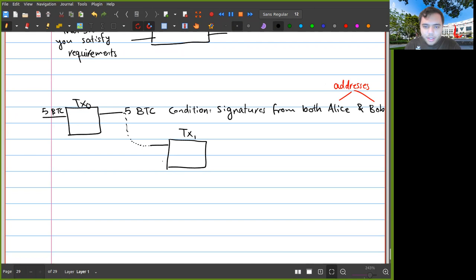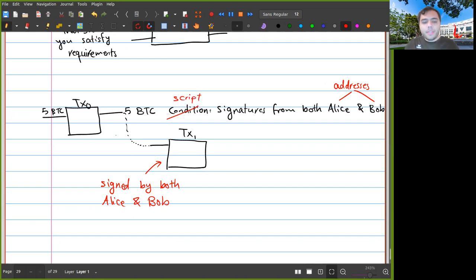So just to spend this single output as the input in your next transaction, you need signatures from both Alice and Bob. Otherwise, this transaction will be invalid. So let me write it like this: this thing is signed by both Alice and Bob. Generally speaking, every output has some condition, and that condition is in a scripting language, so we call it a script.